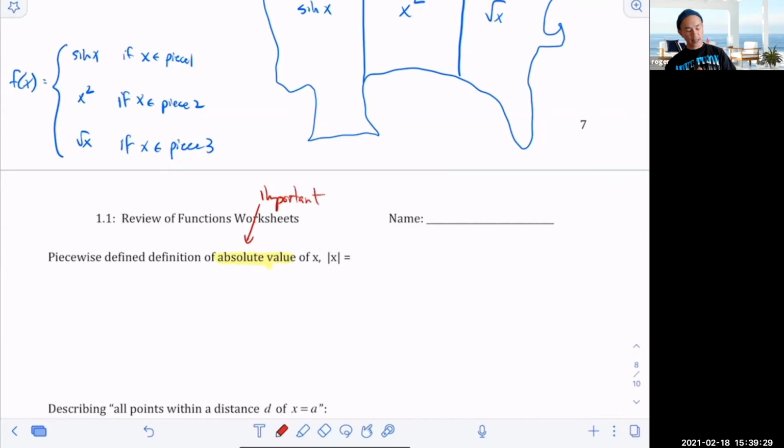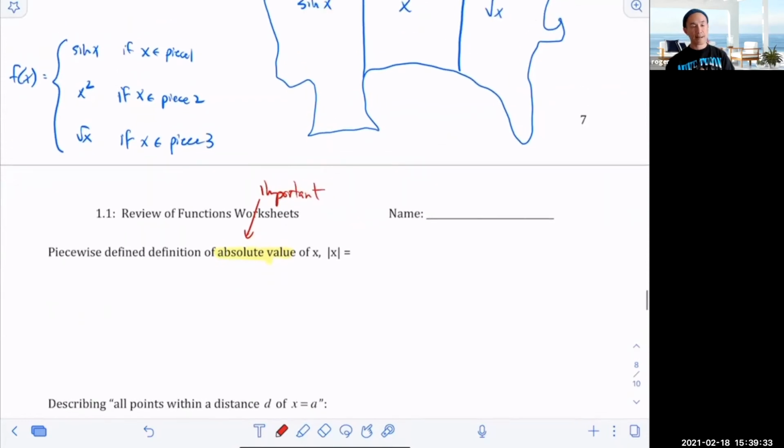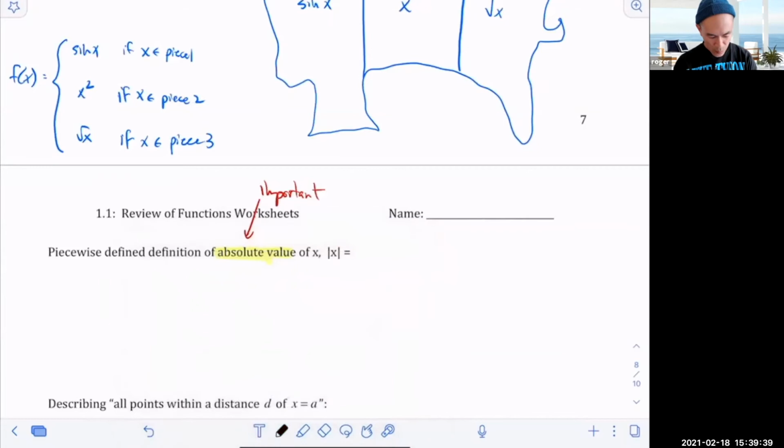The way that absolute value works is that it's a piecewise defined function. We're going to split it up into 2 pieces. And instead of drawing a map, our domain is going to be the real number line. We're going to cut the real number line into 2 pieces. We're going to look at the piece where x is greater than or equal to 0, and the piece where x is less than 0.